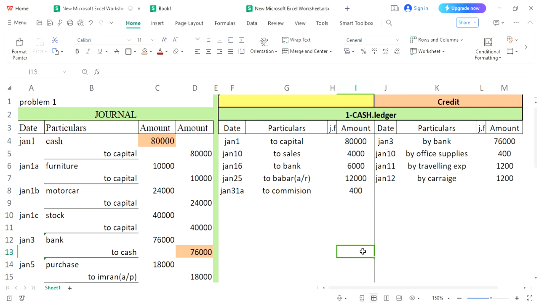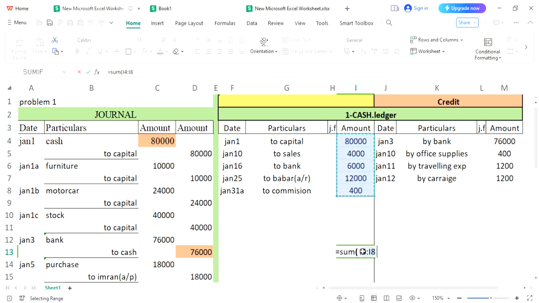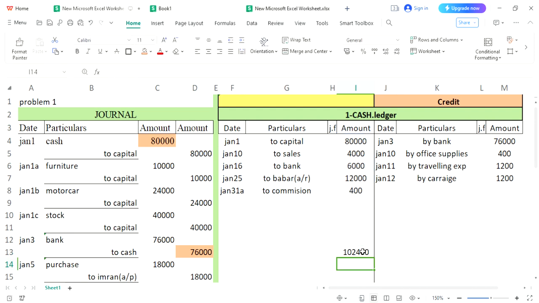Balancing has some steps. Step number one is to calculate the sum of both sides. So first you will calculate the sum which is present on debit side. Here I will ask Excel to help me and I will calculate the sum. You can see that greenish bluish circle, scale you have seen. All amounts are selected and this would tell us how much the sum of debit side is.